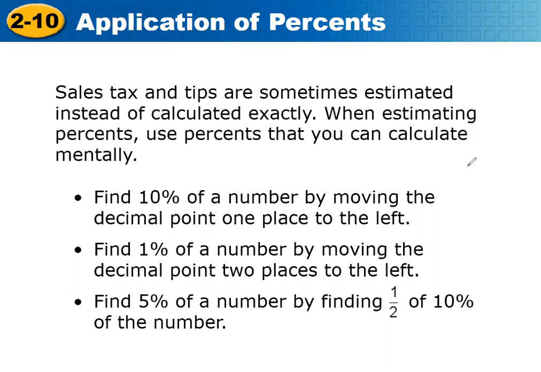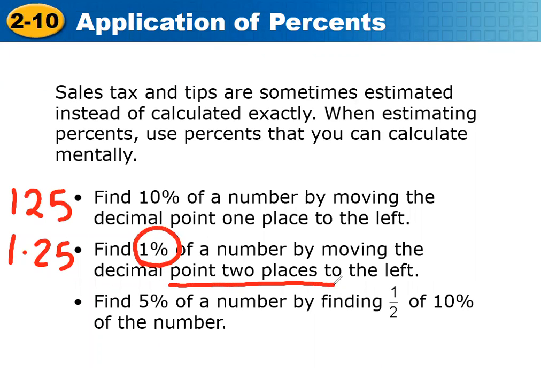Let me give you a question. If I have 125 and I want to find 1%, it will be 1.25. Why? Because we know that for 1%, we move 2 places to the left.